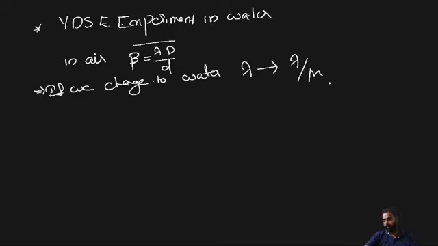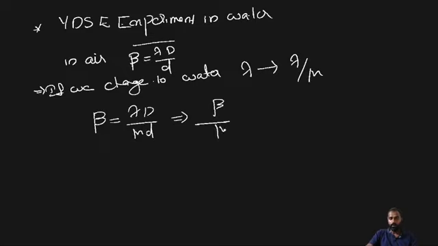This mu is the refractive index of the water. So in YDSE, the beta will change to lambda D by mu d, that is beta by mu. So if the YDSE experiment is happening in water, the fringe width will change to fringe width divided by refractive index.